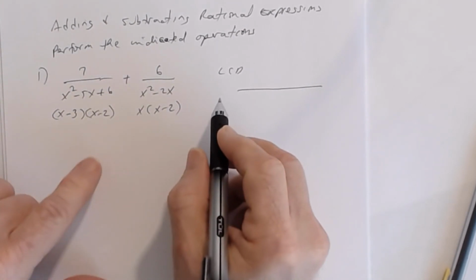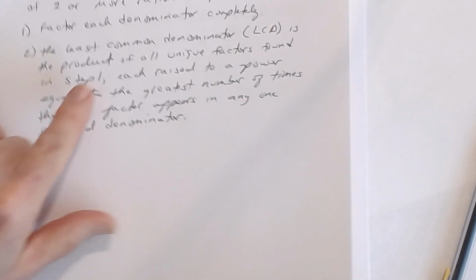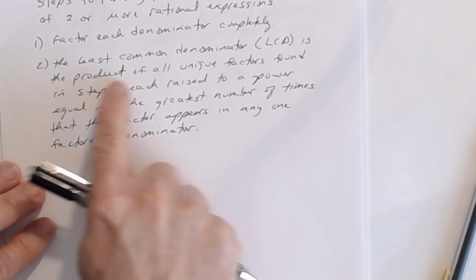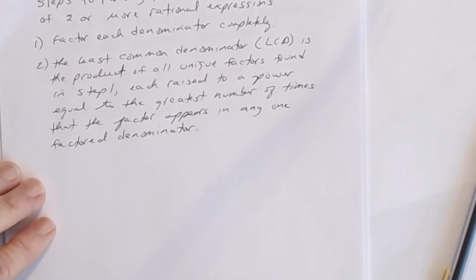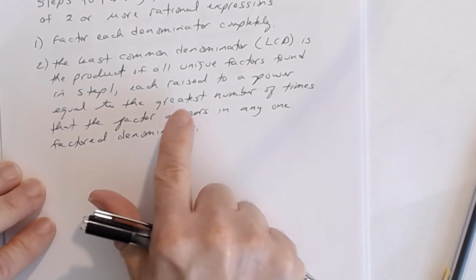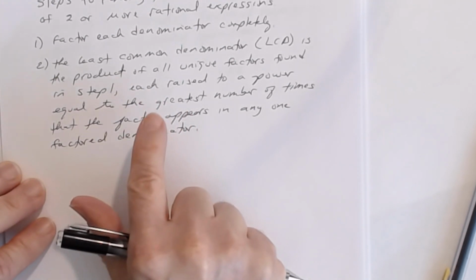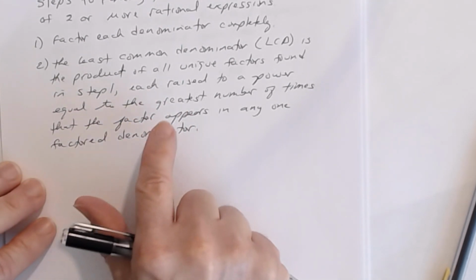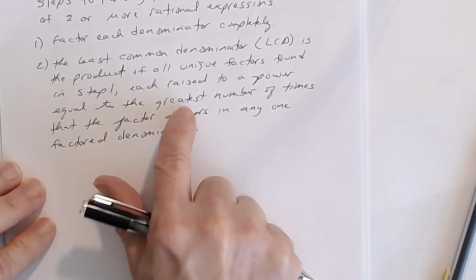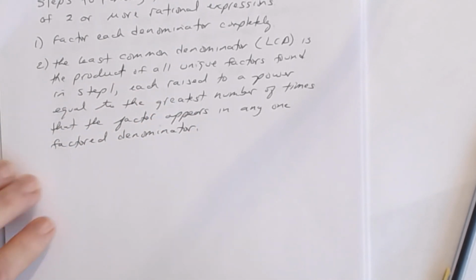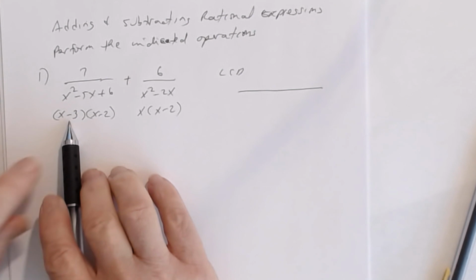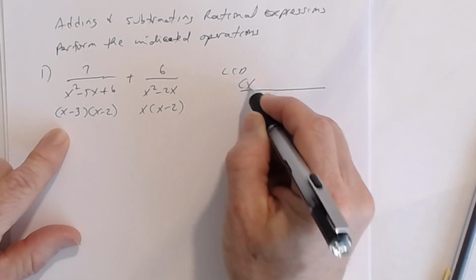All right, and now your least common denominator is the product of all the different factors that you see. And if you have more than one factor that's the same in the denominator, you use the one that's the greatest. So I have an x minus 3, I have to use it.